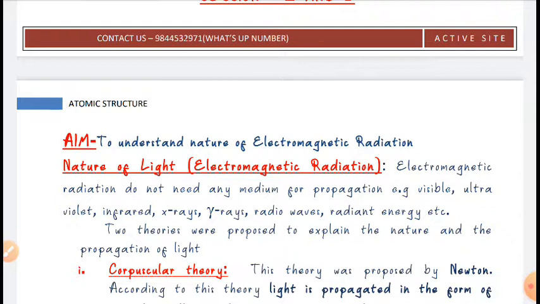Before learning the Bohr model of atom, we have to know some basic terms which will help us understand it. Two developments played a major role in the formation of the Bohr model of atom.